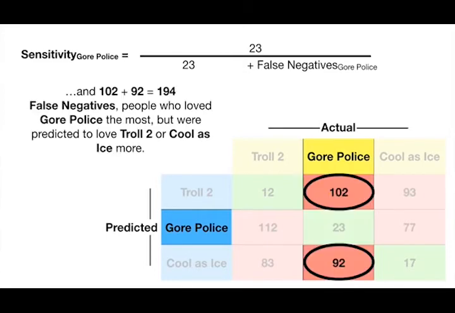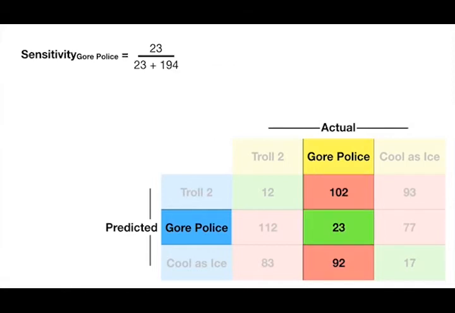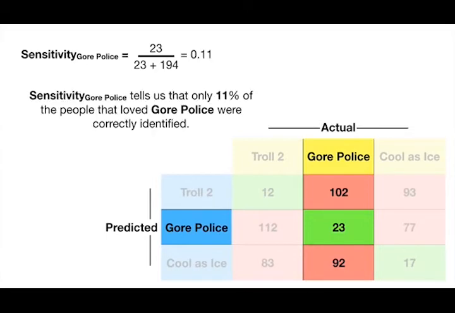And 102 plus 92 equals 194 false negatives, people who loved Gore Police the most but were predicted to love Troll 2 or Cool as Ice more. When we do the math, we get 0.11. Sensitivity for Gore Police tells us that only 11% of the people that loved Gore Police were correctly identified.